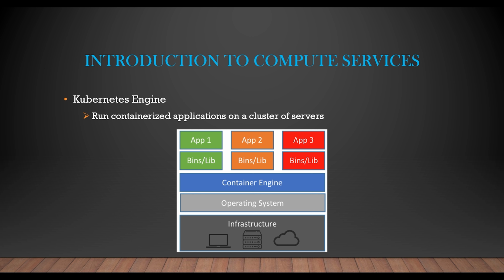Next one is Kubernetes Engine. Kubernetes Engine is designed to allow users to easily run containerized applications on a cluster of servers. Containers are compared to virtual machines because they're each used for isolating computing, processing, and resources.